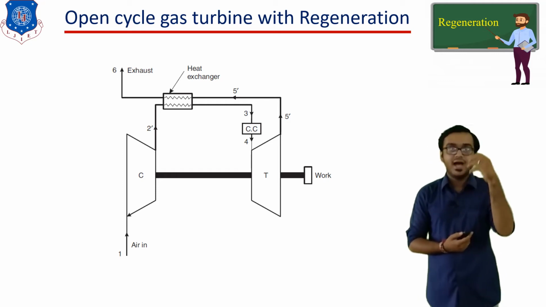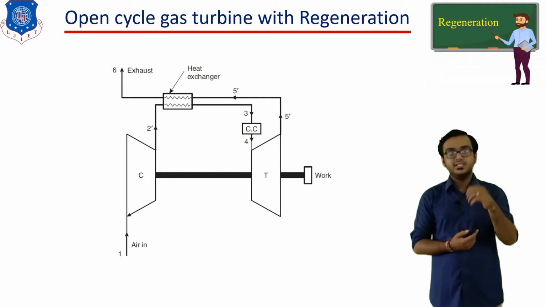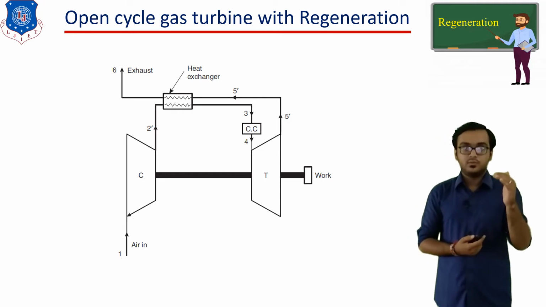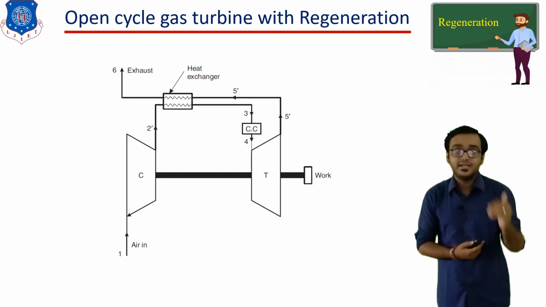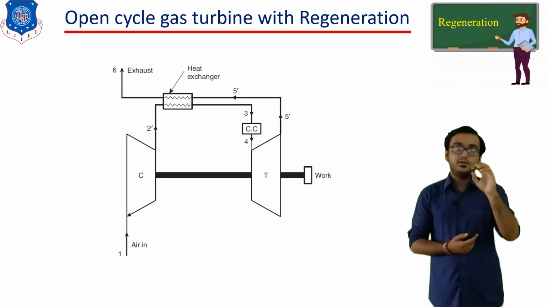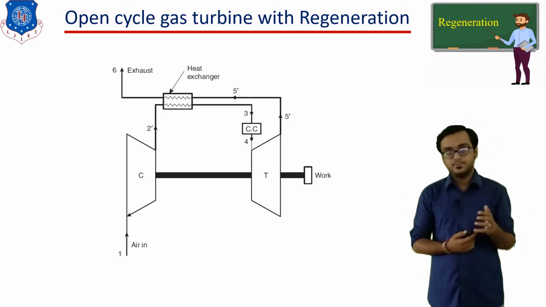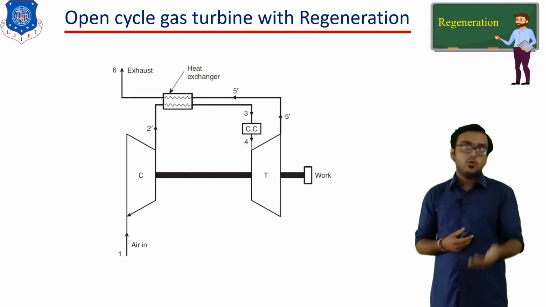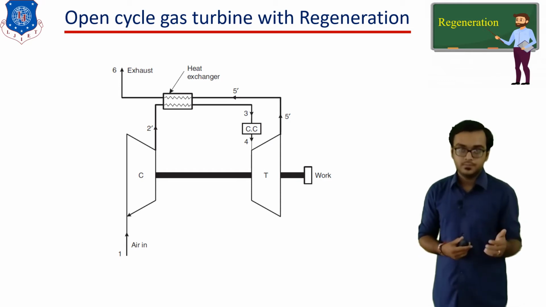The stream having high temperature gives its heat to the low temperature stream coming from point 2. Because of that heat interaction, we need to supply a lesser amount of fuel to the combustion chamber, which provides economy in terms of the money spent on fuel.